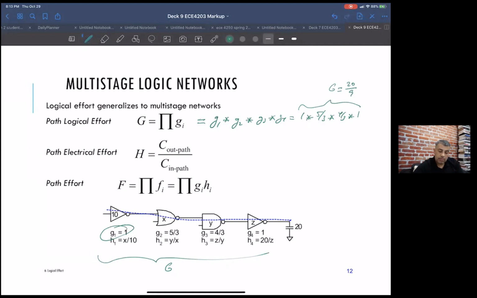Then the path effort, I can just do this output divided by this input. The output of the path will be 20, and the input will be 10. Basically, we can work through the path using the same structure.